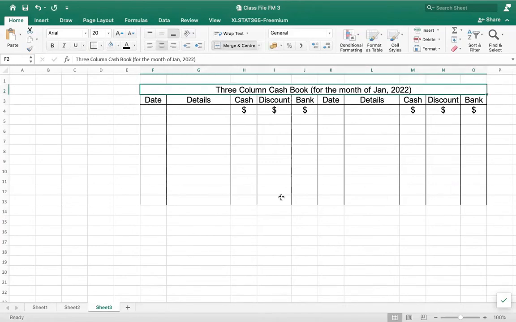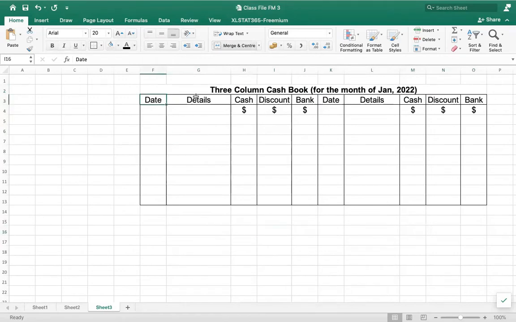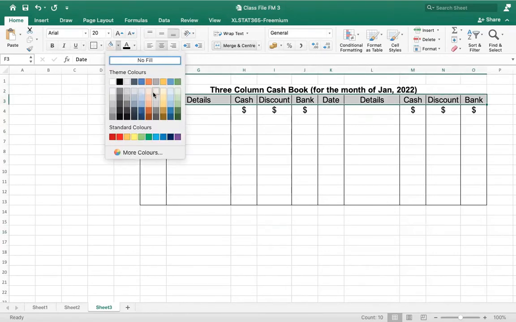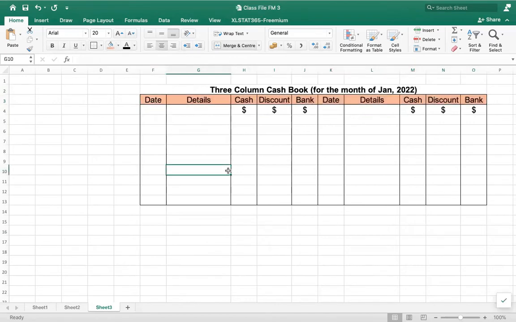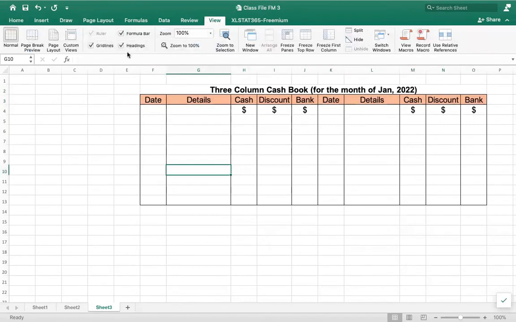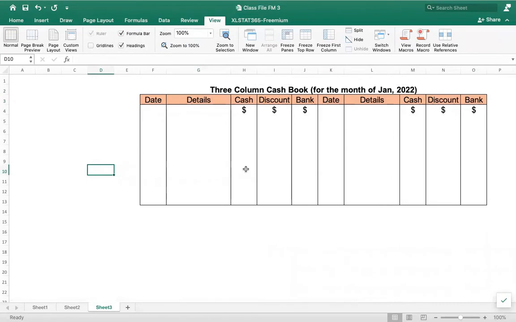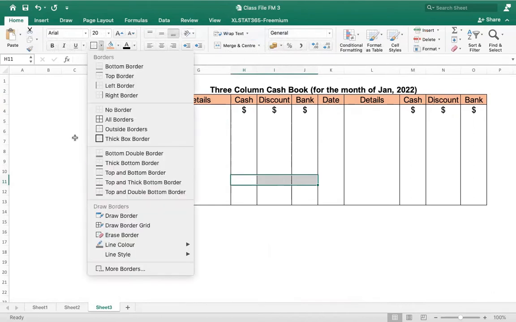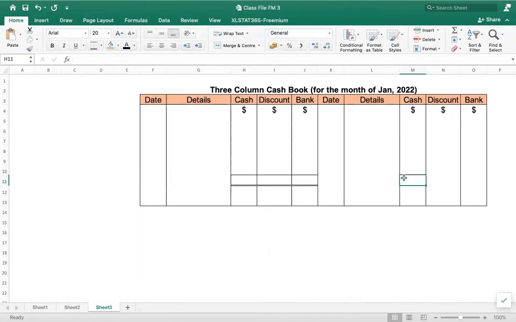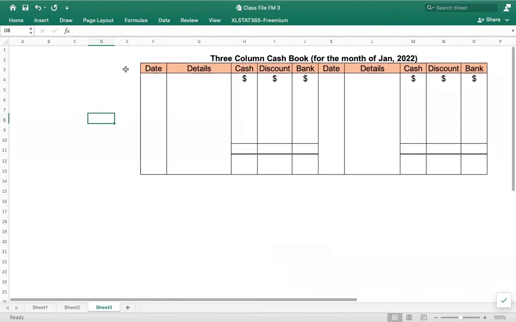So the format is ready. Now we need to understand how to record transactions. We will take some cash transactions and then we will understand the recording. So this is all about our format of 3 column cash book.